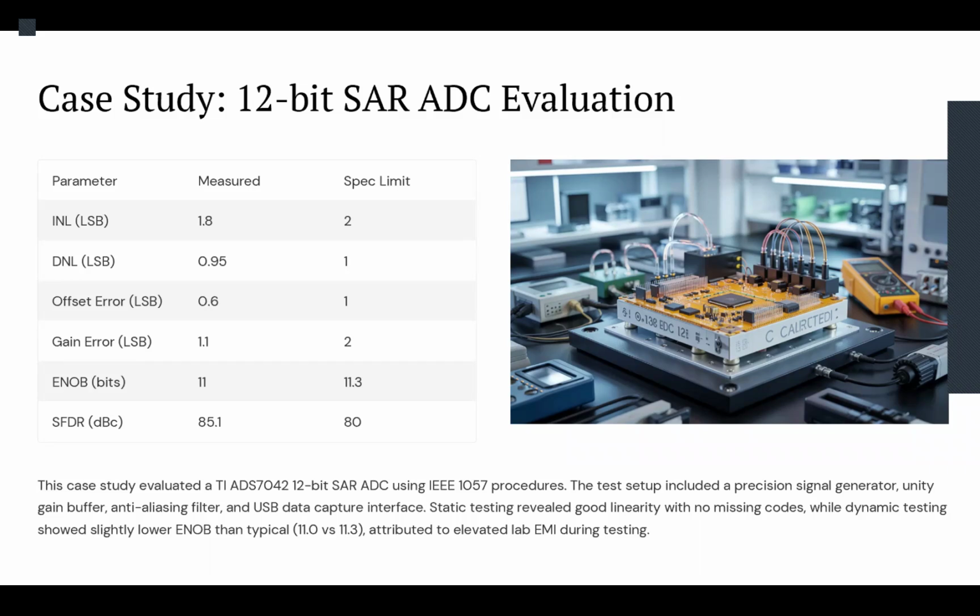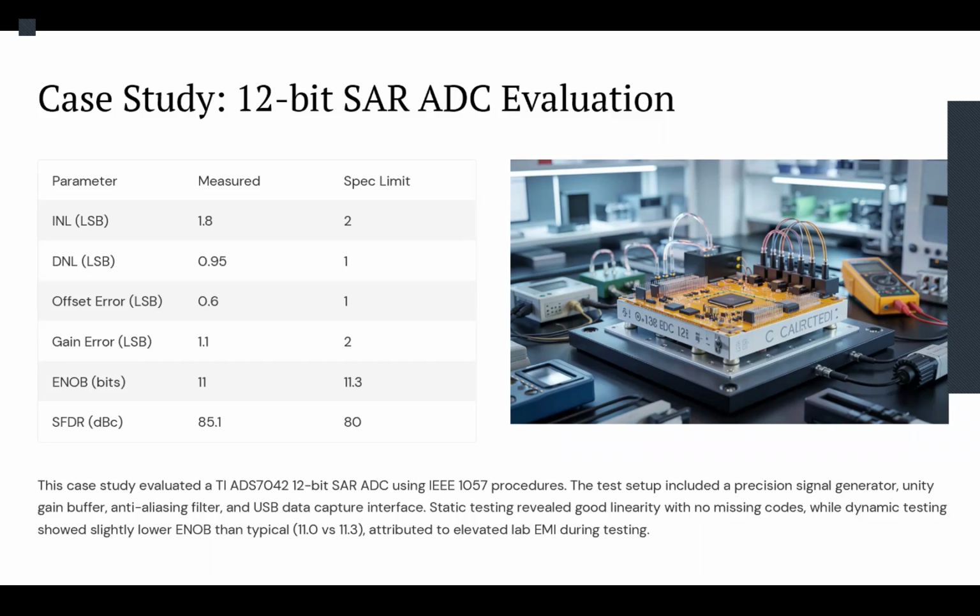The DNL defines whether the output steps have the same size. Each step has the same size. Again, we pass this test because the limit is plus or minus 1 and we are in range.